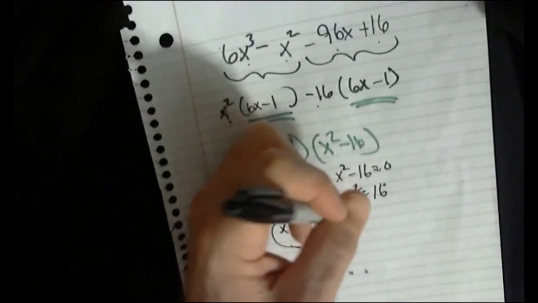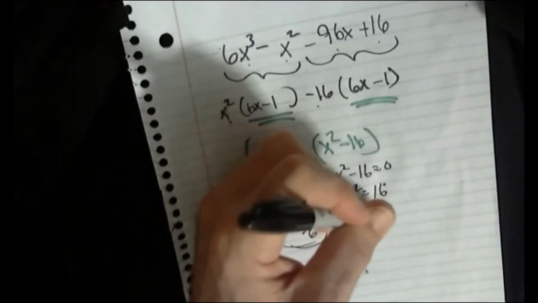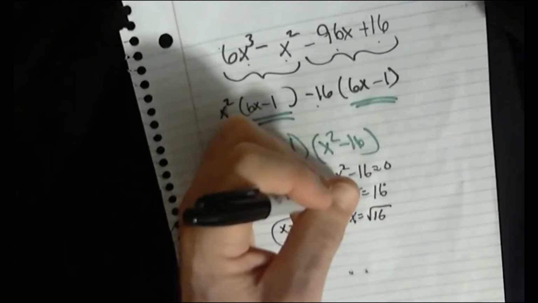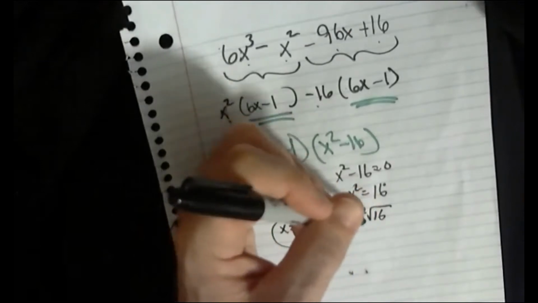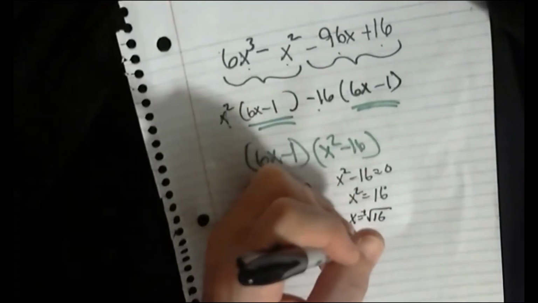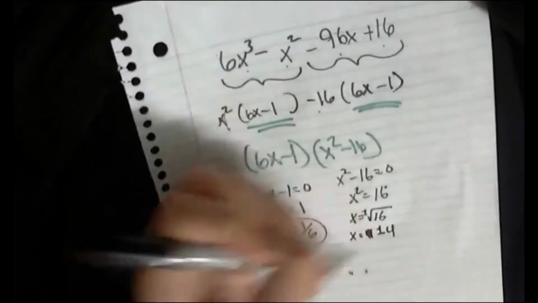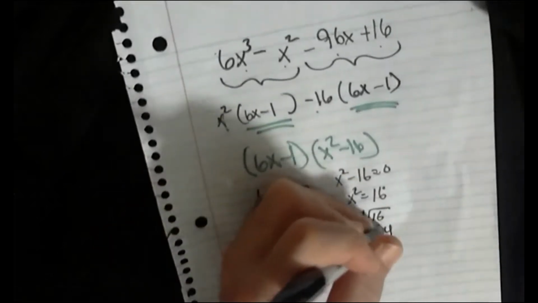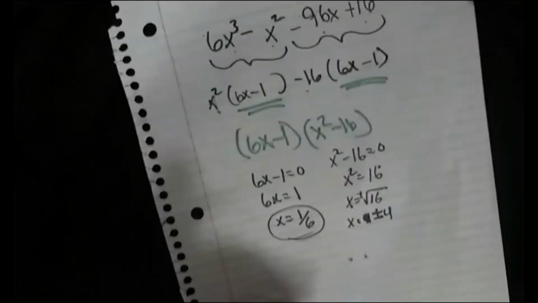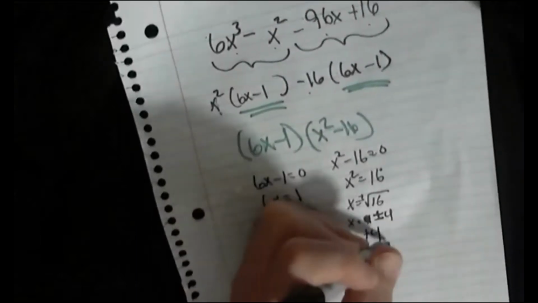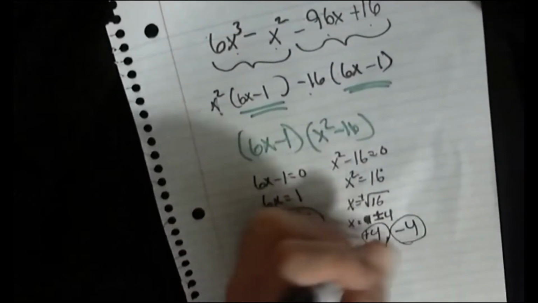To get rid of the squared, we square root. Remember, anytime you square root something, you account for both the plus and the minus. Square root of 16 is 4. So that represents a plus or minus 4. That's not a 14, that's plus or minus. And basically what that's saying is positive 4 and negative 4.